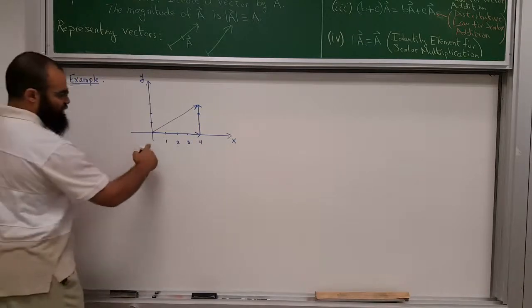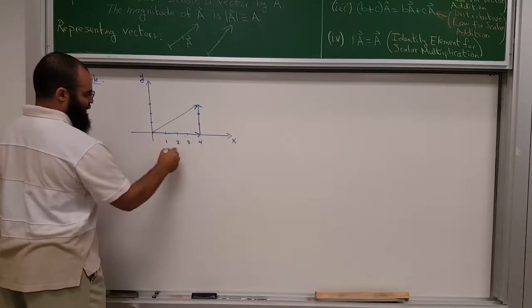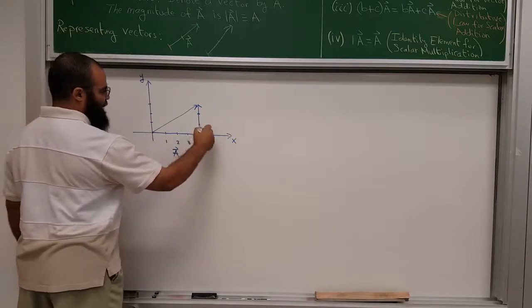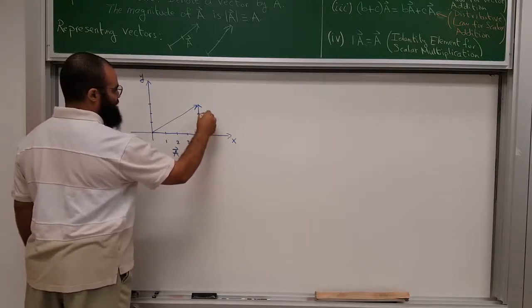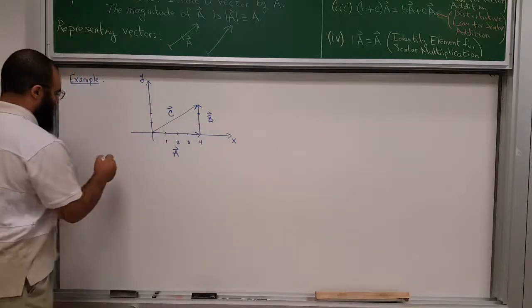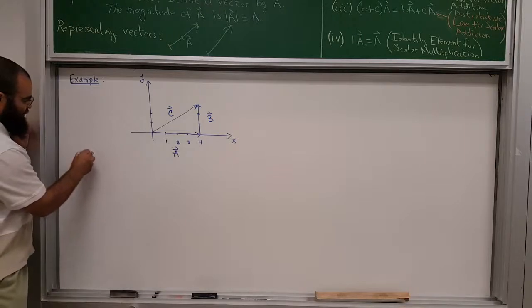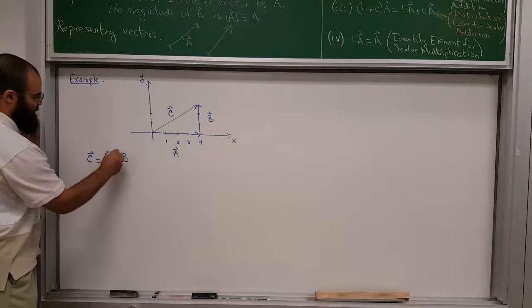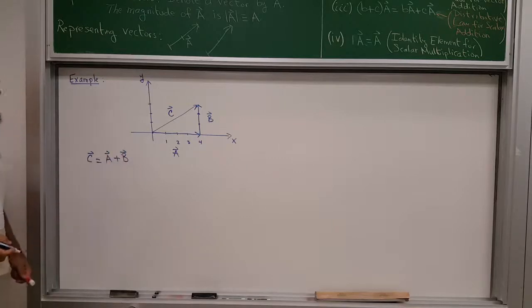I would call the first part of the walk vector A, the second part of the walk vector B, and the result is vector C. So vector C is equal to vectors A plus B, the two vectors added together.